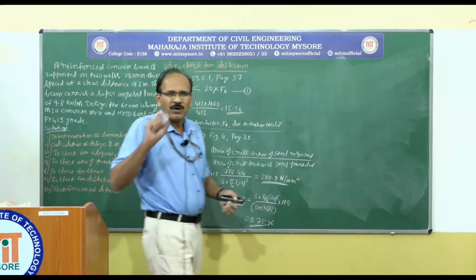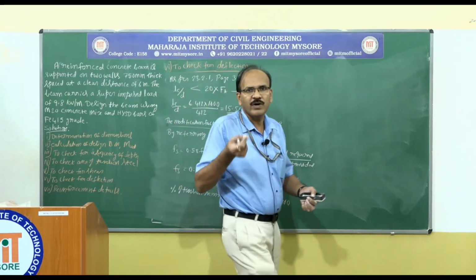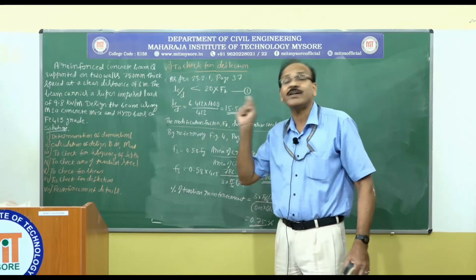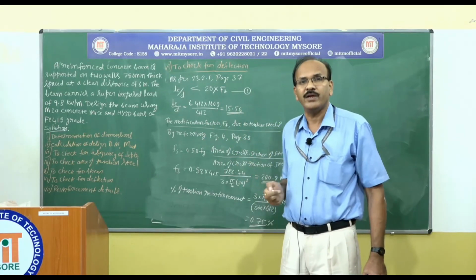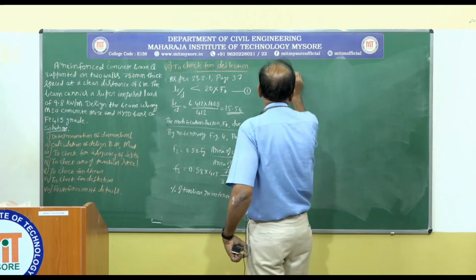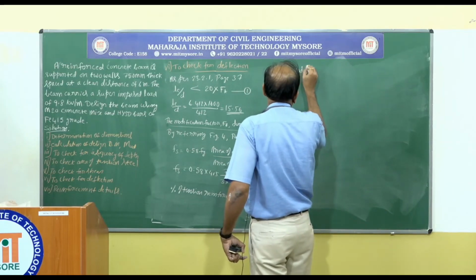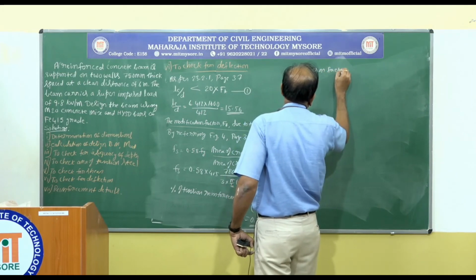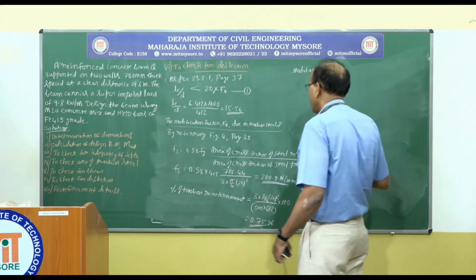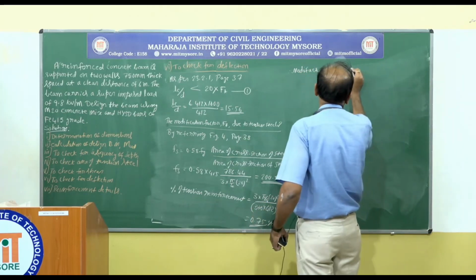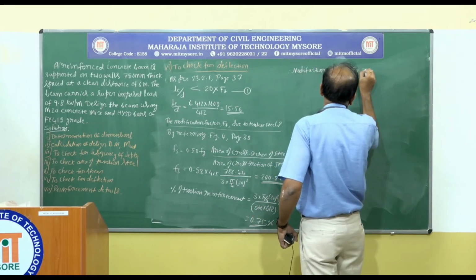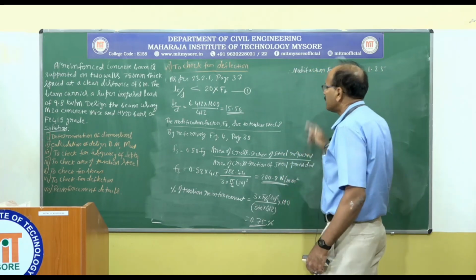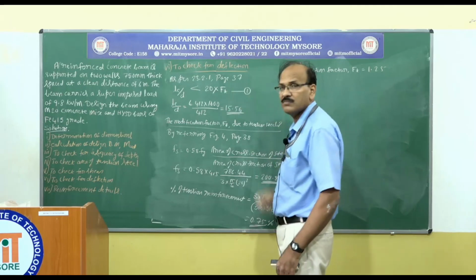Some people may get 1.2, some 1.25, 1.26, 1.27. A little bit of variation will always be there when you are reading the graph, but it's okay. Therefore, the modification factor Ft equal to 1.25.